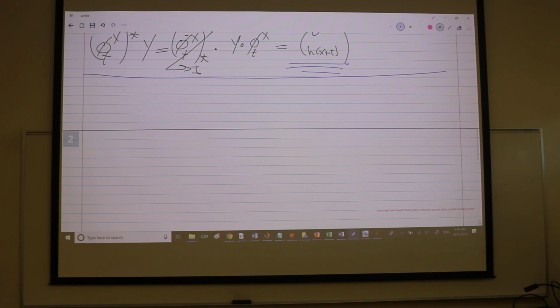Let's see why Lie brackets are not directional derivatives. Let's consider this example. So again, Lie brackets are not directional derivatives. Why am I stressing that?